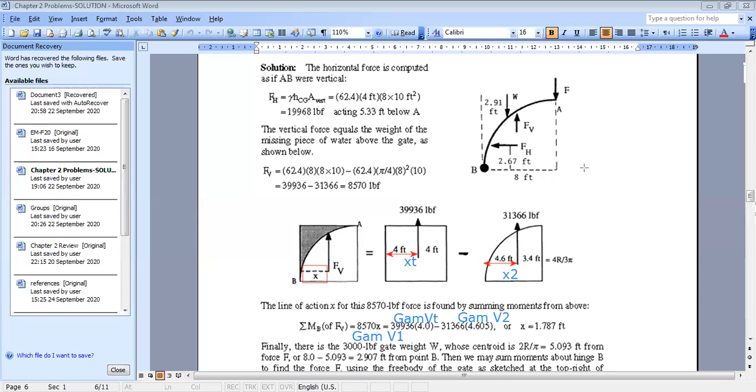So what we want to do now, we found that the F vertical magnitude is equal to the weight of this part. If I draw it here, F vertical is the weight of this part. To know the point of application, F vertical should pass by the centroid of this part.